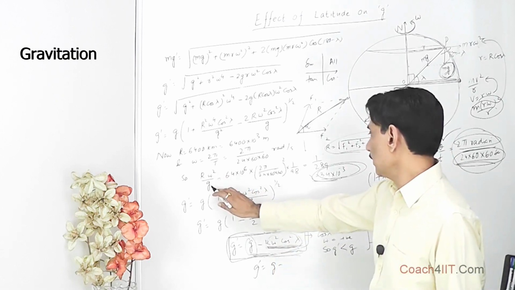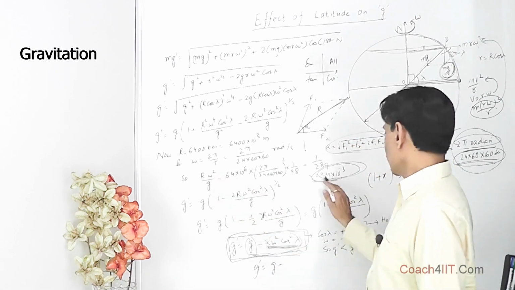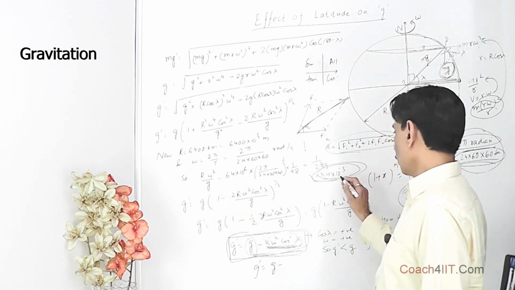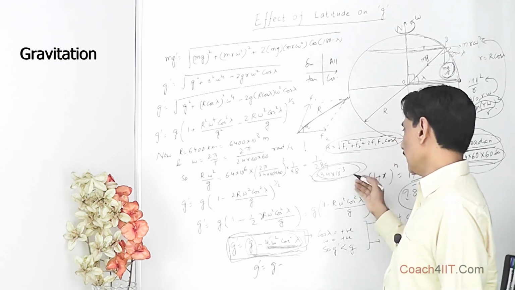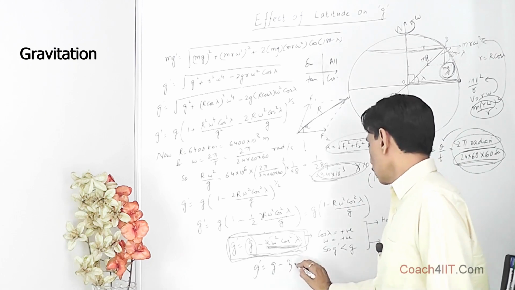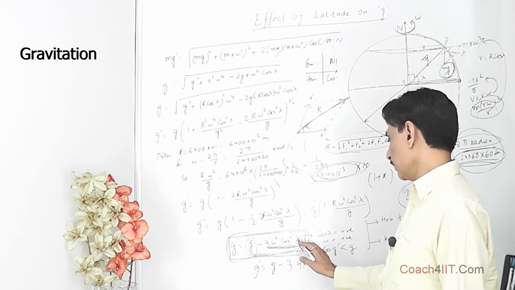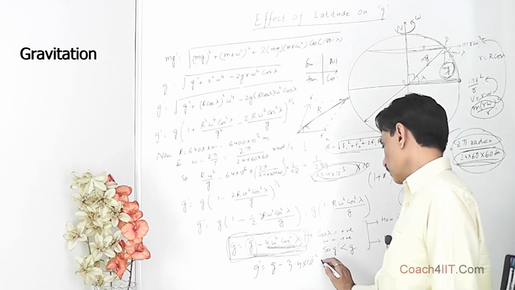R omega square by g is 3.4 into 10 to the power minus 3. So r omega square is going to be g into this, and even if we take g as 10 meter per second square or 9.8, this is going to be 3.4 into 10 to the power minus 2. For the equatorial plane we are taking lambda as 0, so cos square lambda comes out to 1.